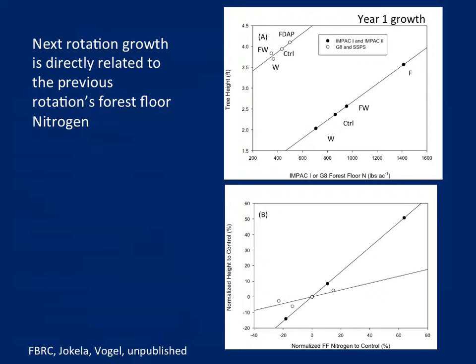We tried to get these into the same axis by looking at the normalized values. So normalized, this is basically deviations from the control. And again, that impact site, much stronger relationship, but we're talking about very similar relative changes in productivity.